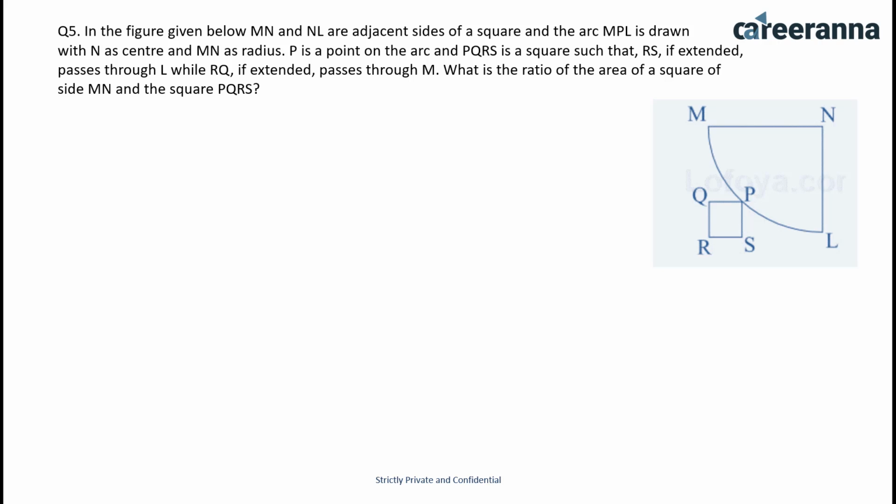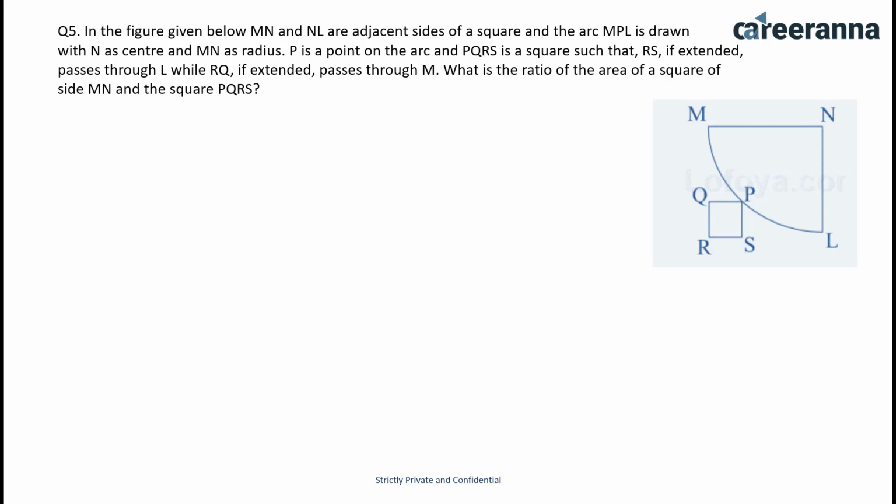In the figure given below, MN and NL are the adjacent sides of a square, and the arc MPL is drawn with N as center and MN as radius. P is a point on the arc and PQRS is a square such that RS if extended passes through L while RQ if extended passes through M. What is the ratio of the area of the square of the side MN and the square PQRS?